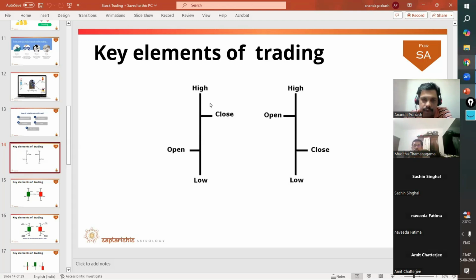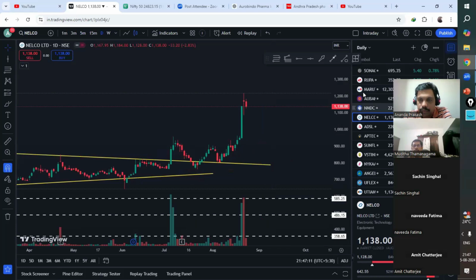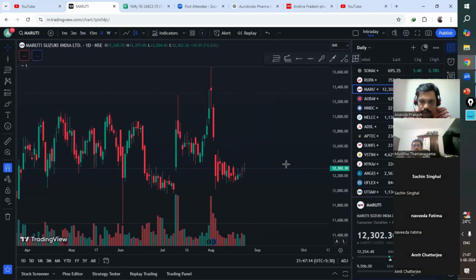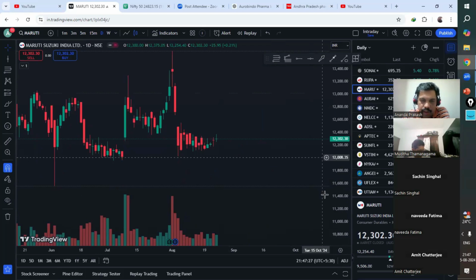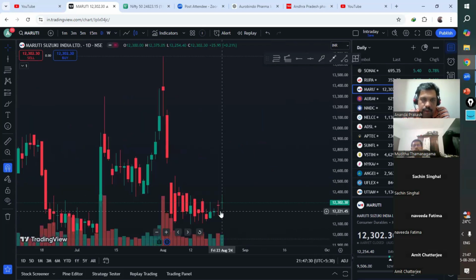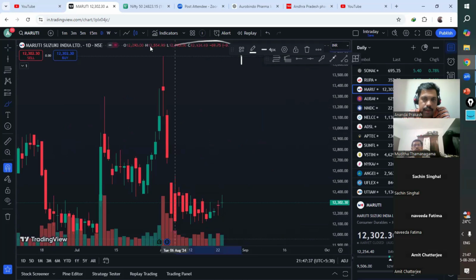For example, Maruti closed on Friday at 12,302 rupees 0.30 paise. This is the closing price. When I hover the mouse on this particular candle, which is a doji candle, you get the information open, high, low, close right here.